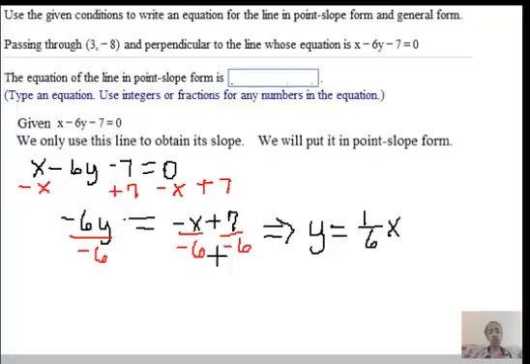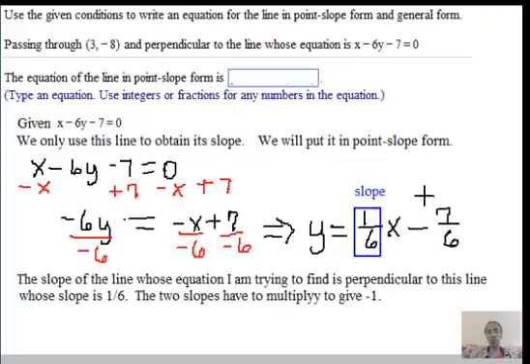X over 6 is the same as 1/6 x, minus 7 over 6. So the slope of this line is 1/6. So that's actually the slope of the given line, and that's all we need from this line is its slope.